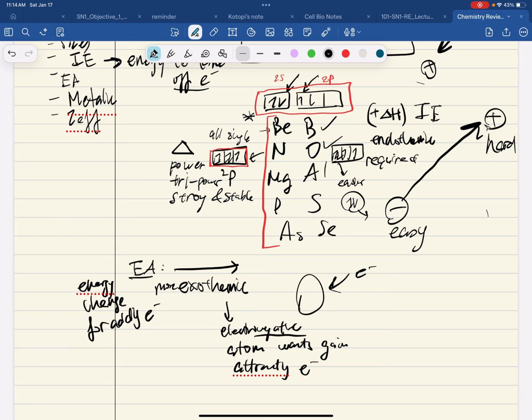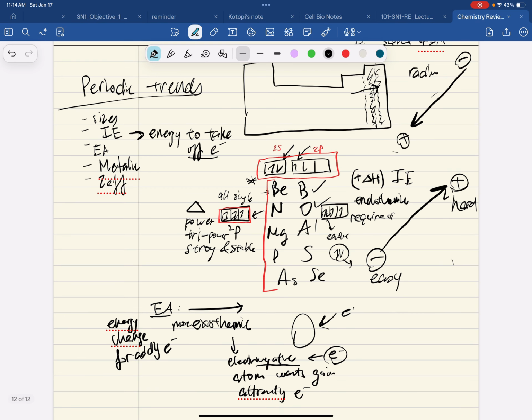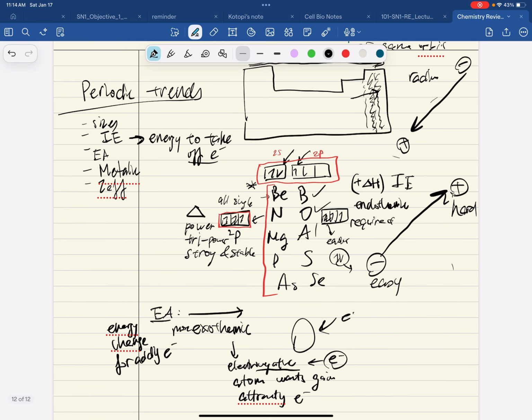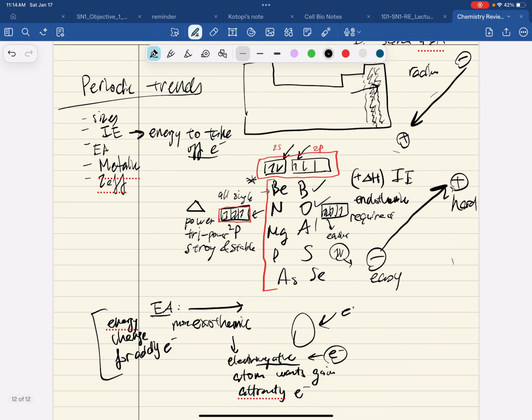Electronegativity is basically how eager they are for an electron, how much they attract a negative electron, and therefore, well, it's not directly associated, but electron affinity is the energy change, so it is more exothermic approaching the right.